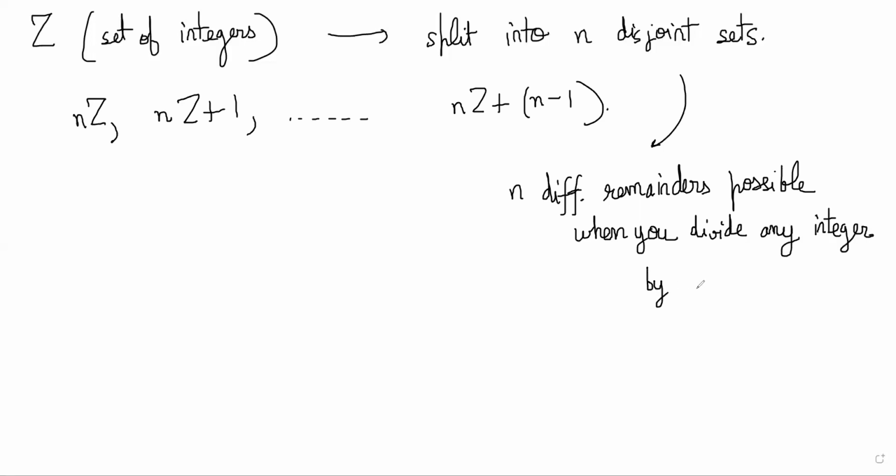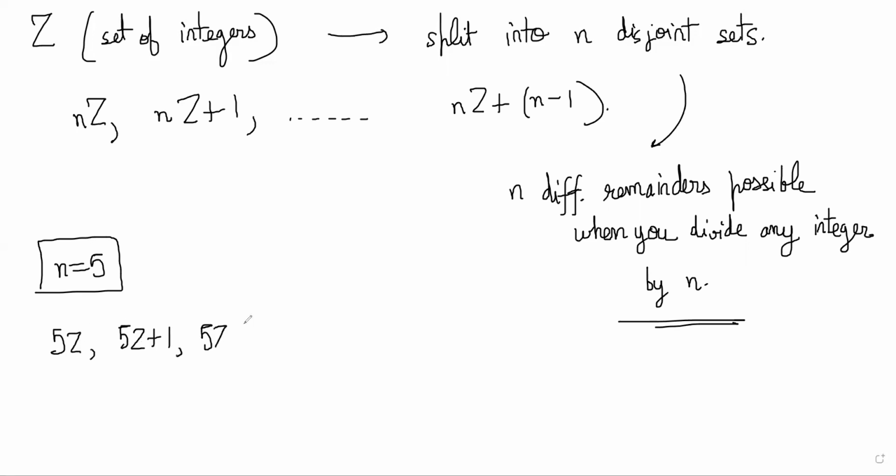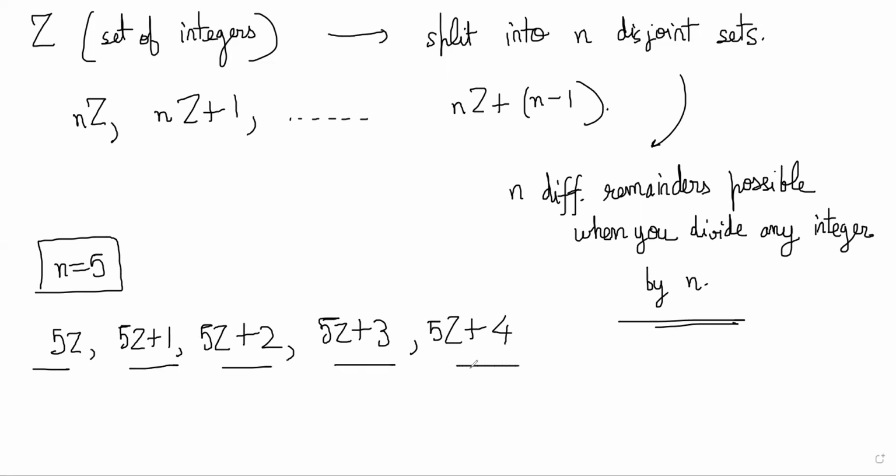So suppose I pick n is equal to 5. I can say that my set of integers can be divided into 5 sets: 5Z, 5Z plus 1, 5Z plus 2, 5Z plus 3, 5Z plus 4. These are the 5 sets. What are the meaning of these 5 sets?